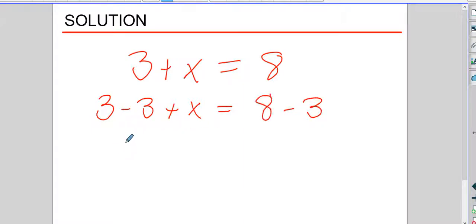Okay, now what's 3 minus 3? I'll wait, let you think about it. Oh, I see a couple hands going up. Yes, it's 0. So we have 0 plus x equals, now 8 minus 3 is, good, 5. We don't have to write out that 0, so we just leave it as x equals 5.